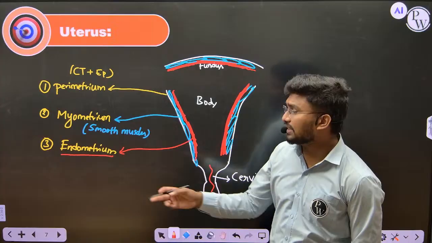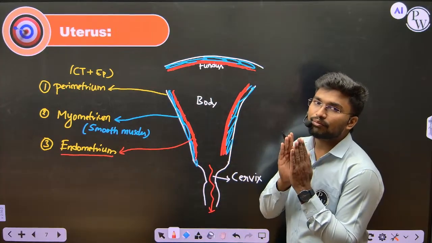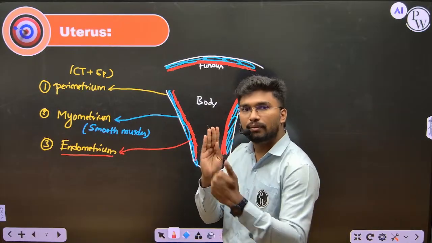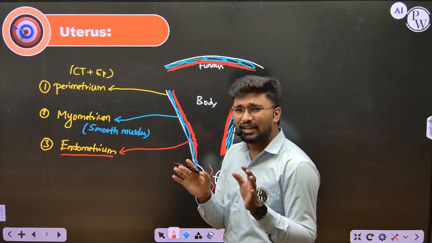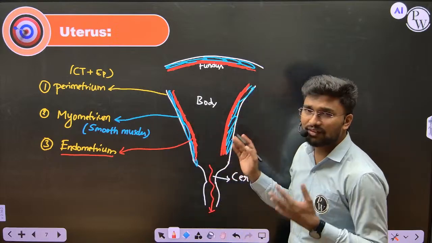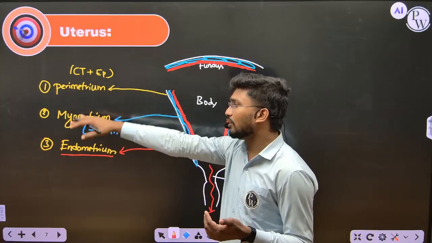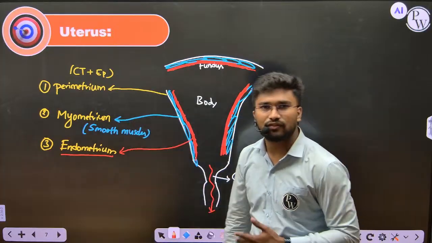In higher study, you will learn that the endometrium has two layers: stratum basalis and stratum functionalis. Stratum functionalis comes outside, and stratum basalis forms stratum functionalis again. That much detail is not required for our examination. What is required is how many layers there are, what each layer is made up of, and its significance.